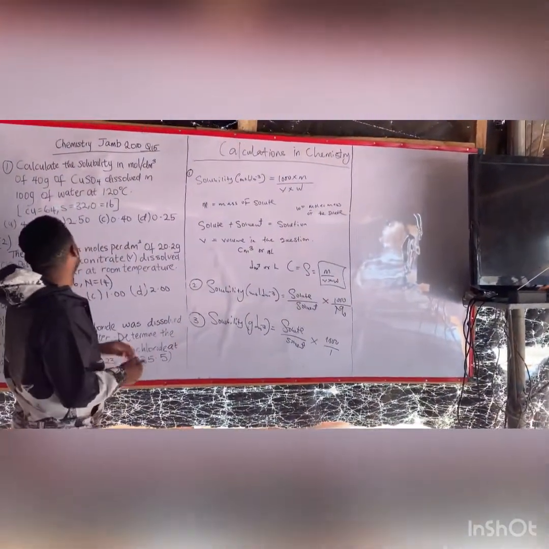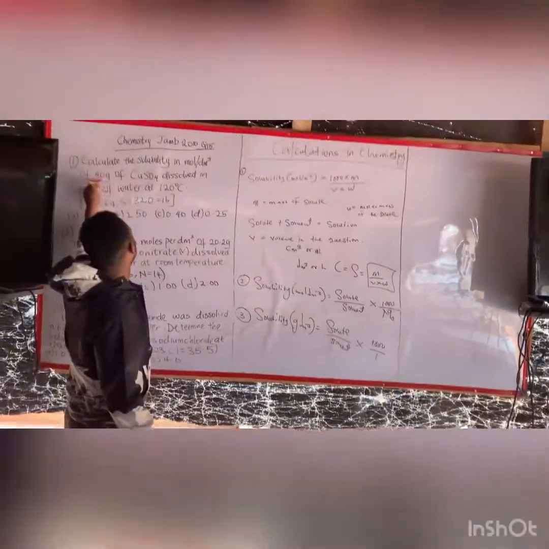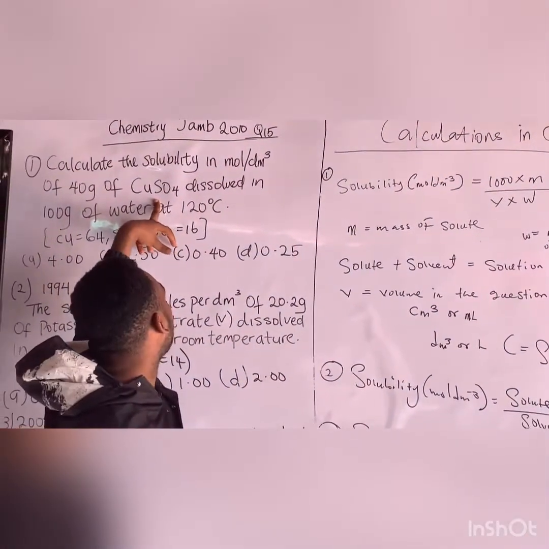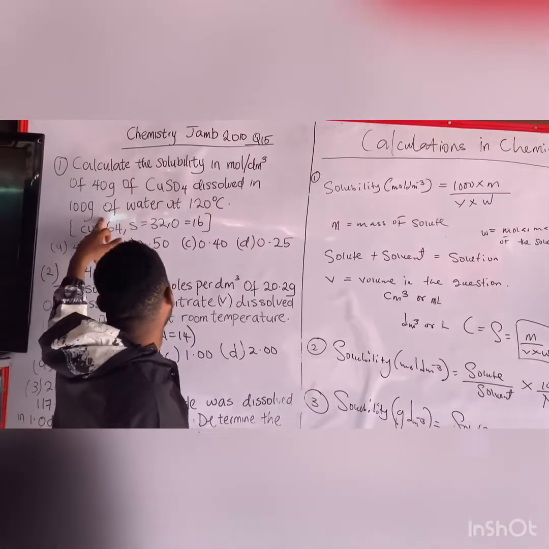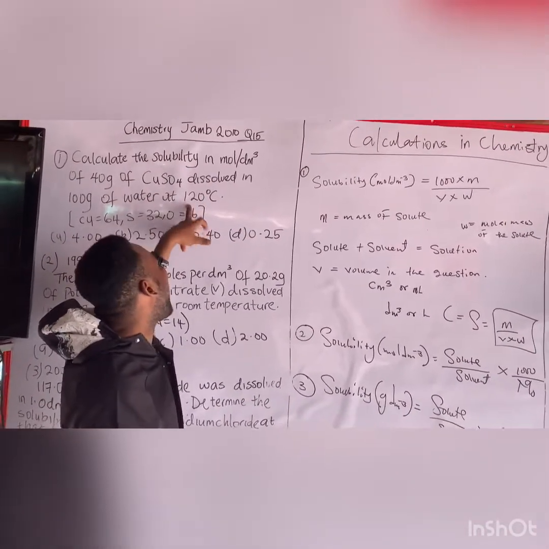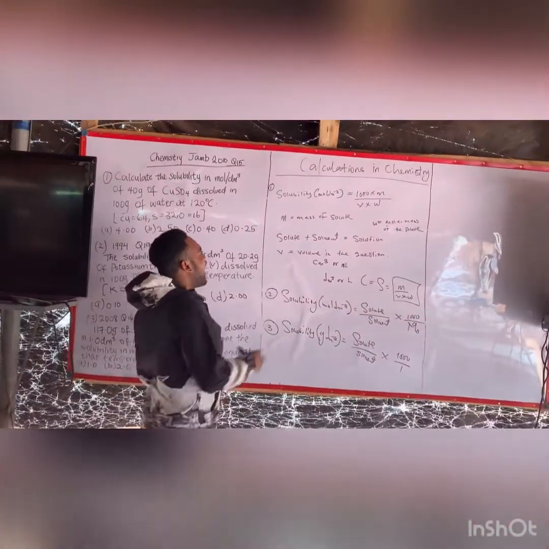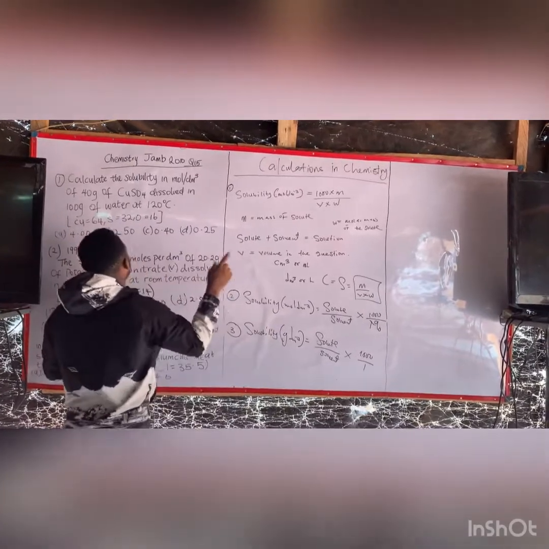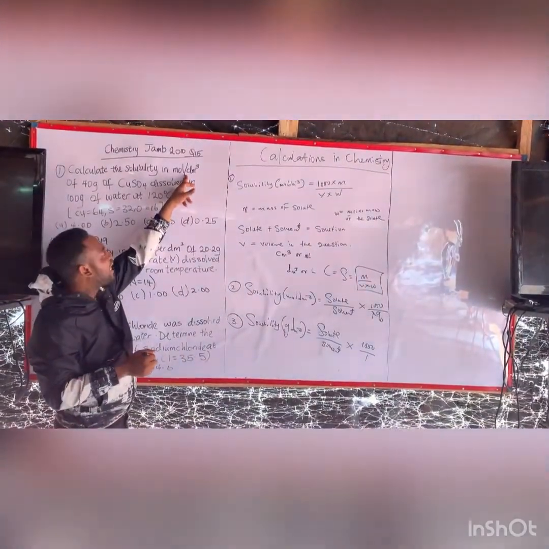And the question says, calculate the solubility in mole per dm cube of 40 gram of CuSO4, that's copper 2 tetraoxosulfate 6, dissolved in 100 gram of water at 120 degrees Celsius.